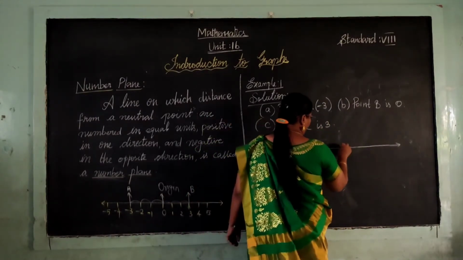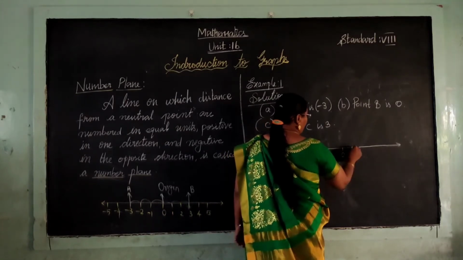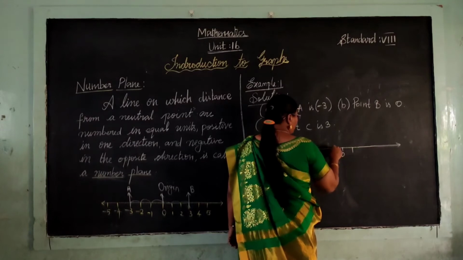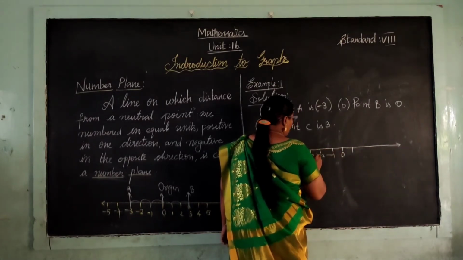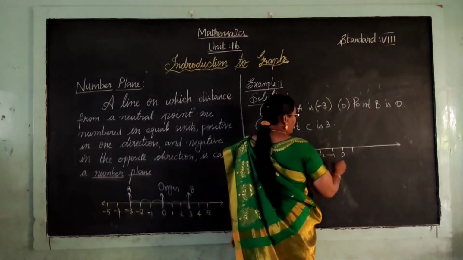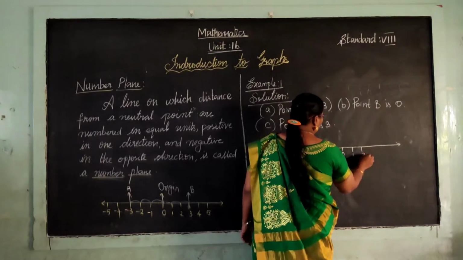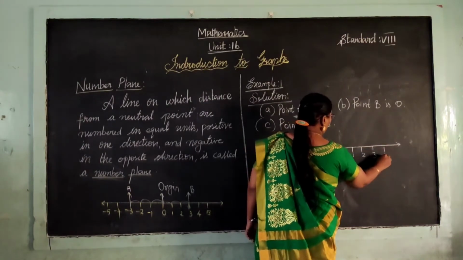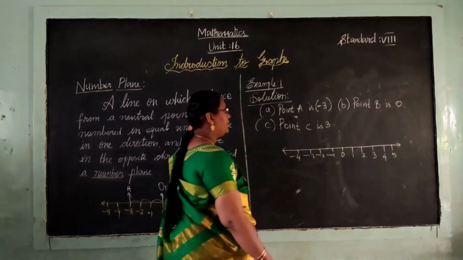So first we will put the neutral, that is 0, origin. Okay, so left side of the origin is negative numbers, minus 1, minus 2, minus 3, minus 4. Right side of the 0, positive values 1, 2, 3, 4, 5. Okay, right.